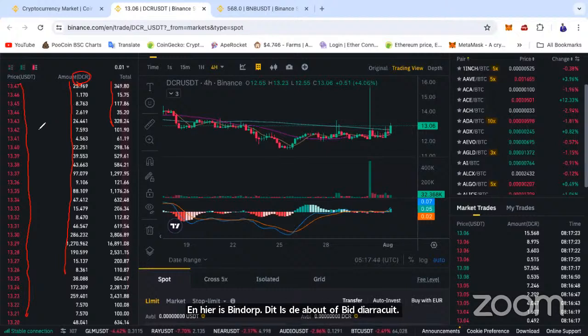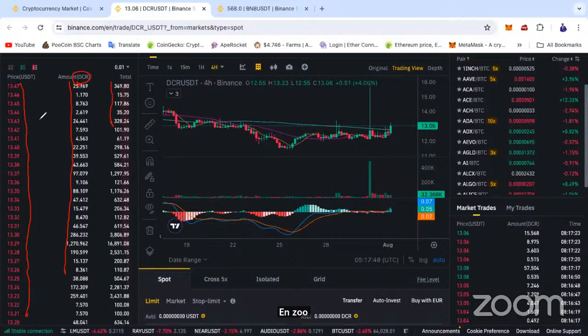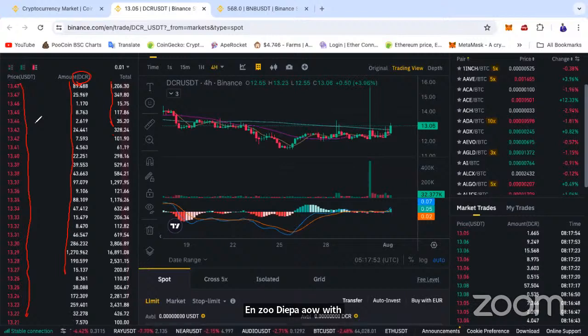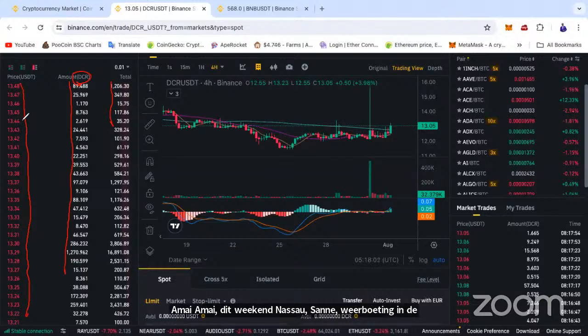And so people are putting in prices at which they want to sell.